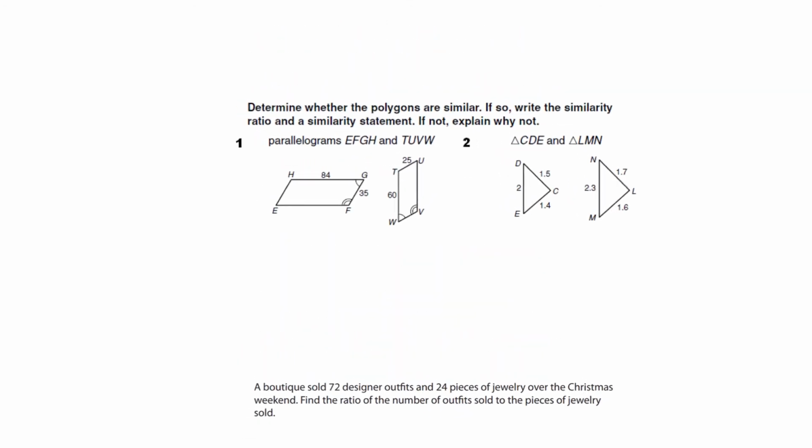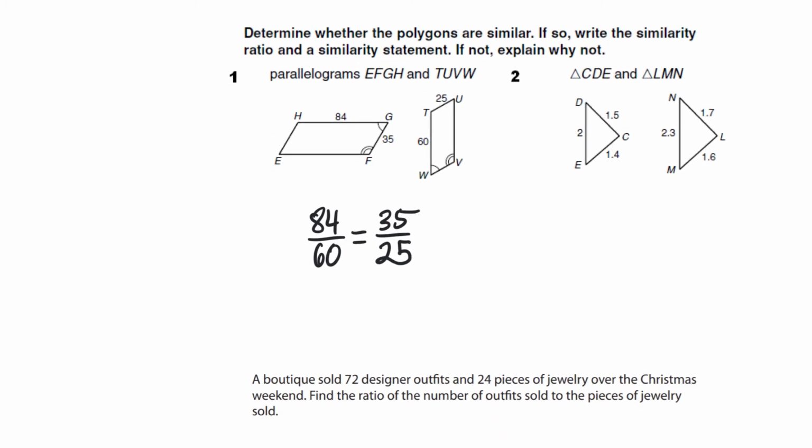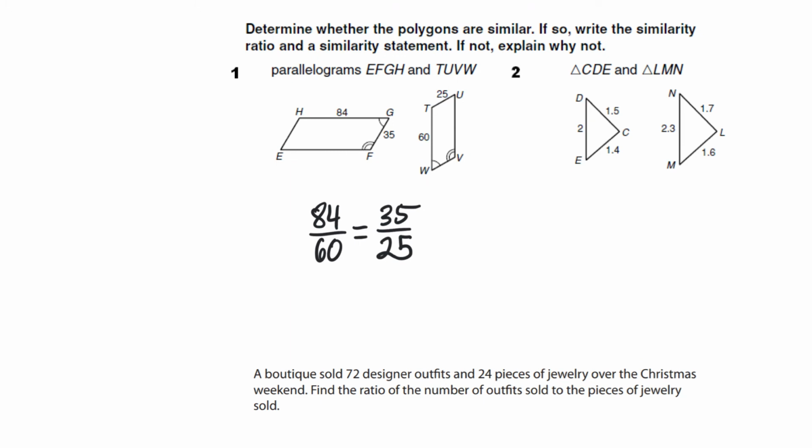Okay, on the back. This says determine if they're similar or not. This is really easy. 84 is to what number on that other one? 60. As the 35 is to which of those numbers? 25. Now I just want to see if those are proportional, in other words, if those two fractions are equal. Just type 84 over 60 equals 35 over 20 in your calculator, push enter, and see if it says true or false.